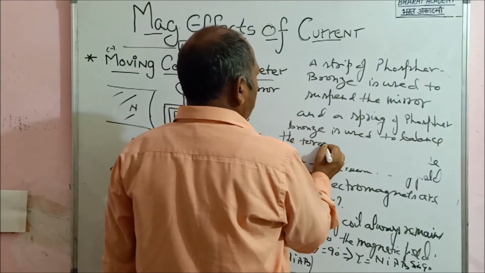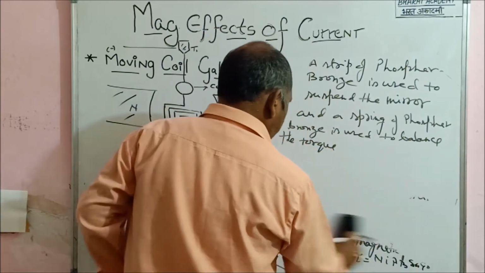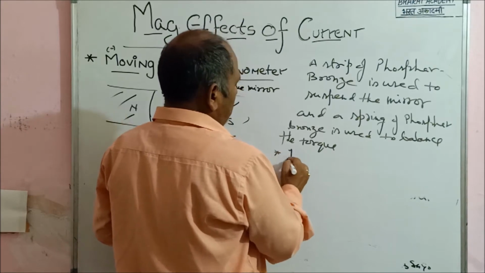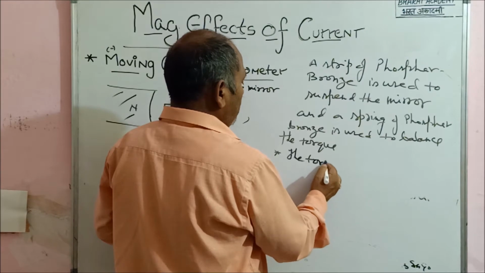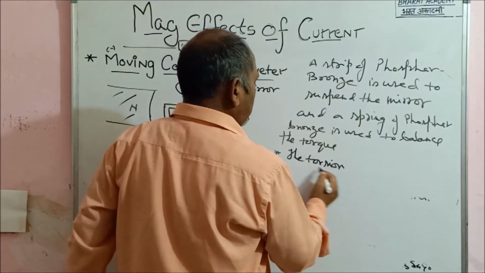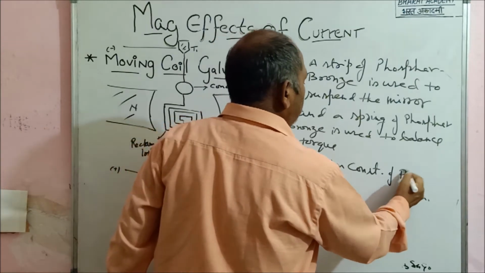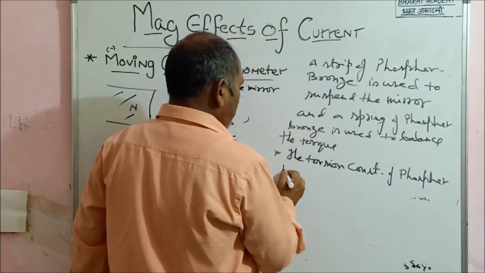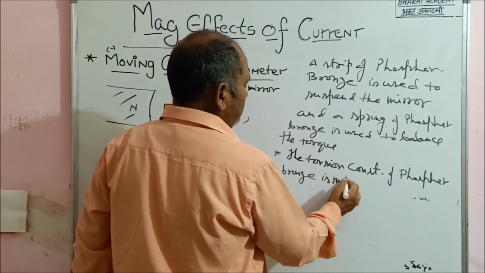The question arises, why only phosphor bronze? The simple answer is that the torsion constant, which we will deal with later on, of phosphor bronze is minimum.